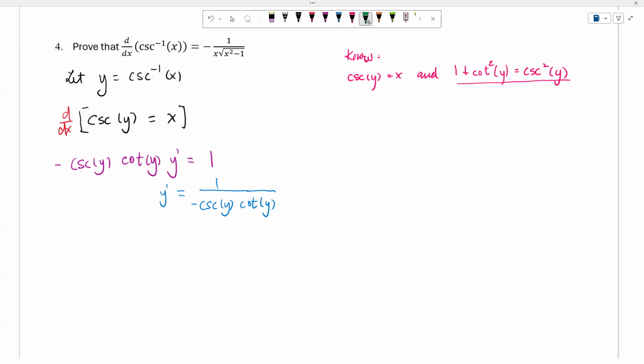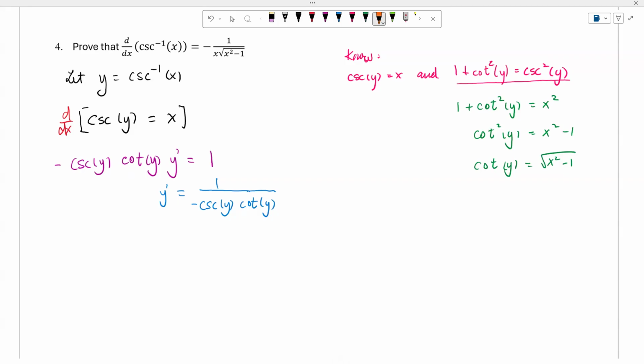Based on this, I have 1 plus cotangent squared y is equal to x squared. Then cotangent squared y is x squared minus 1. And then cotangent of y is the square root of x squared minus 1.